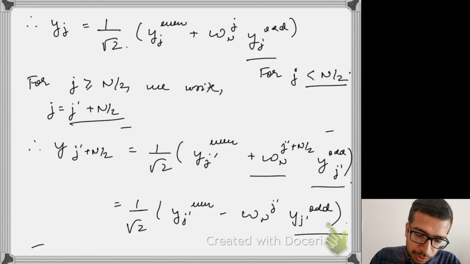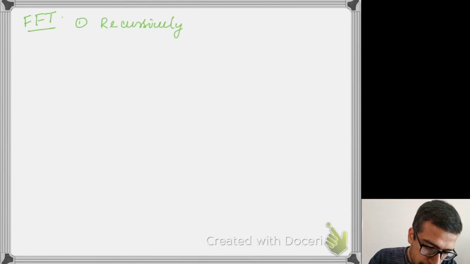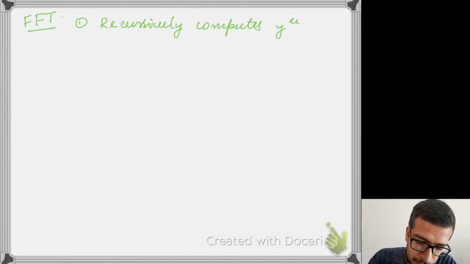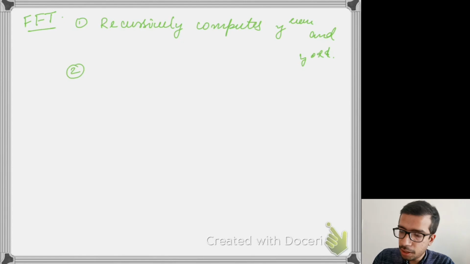So what fast Fourier transform does, firstly, it recursively computes y even and y odd. And secondly, it combines the results using the above expression.